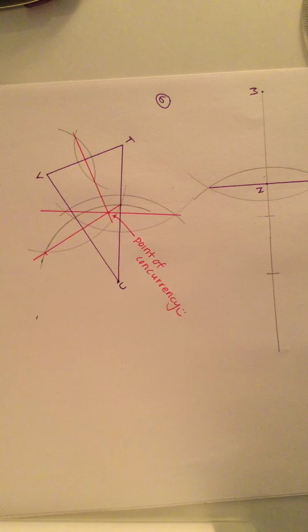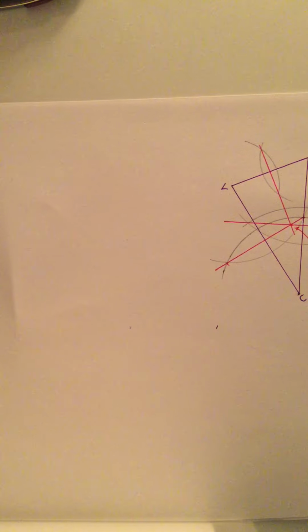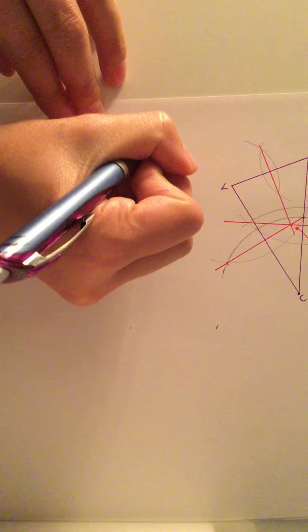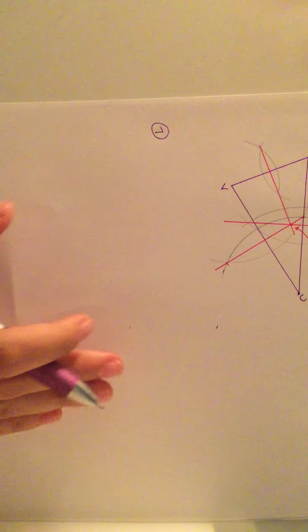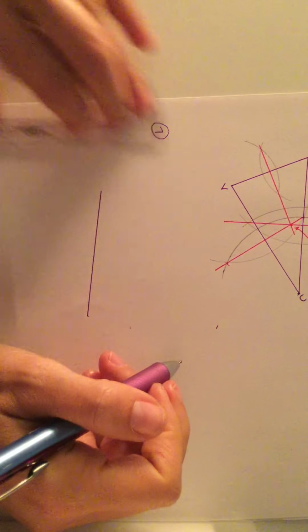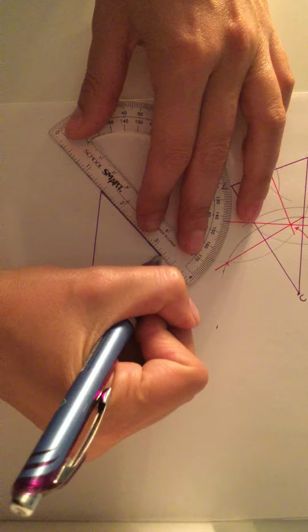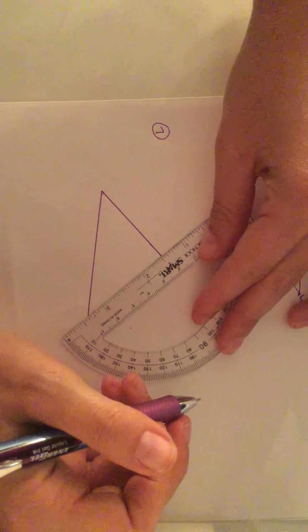For number 7, we're going to draw another triangle, GHJ, and we're going to construct the 3 medians of the triangle. One thing that's important here is it does say to draw, so we want to make sure that we're using our straight edge.